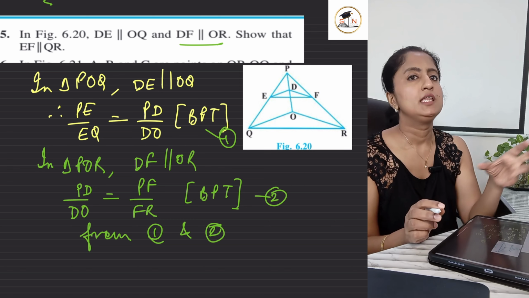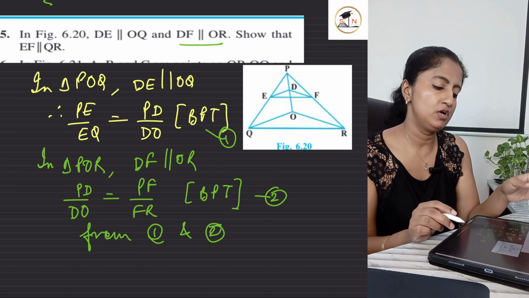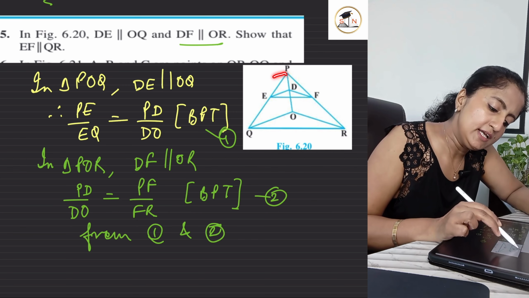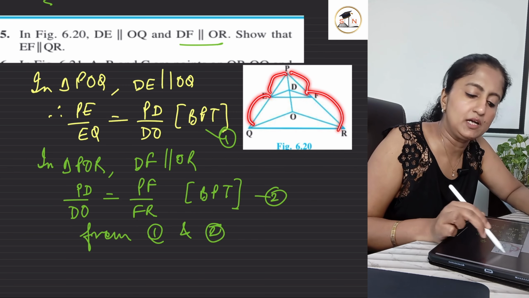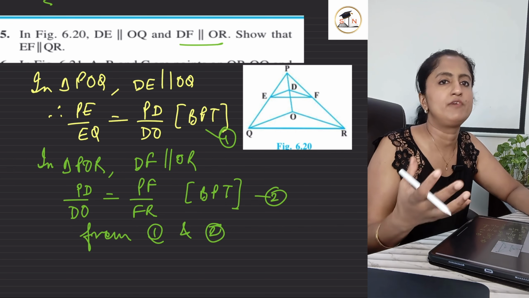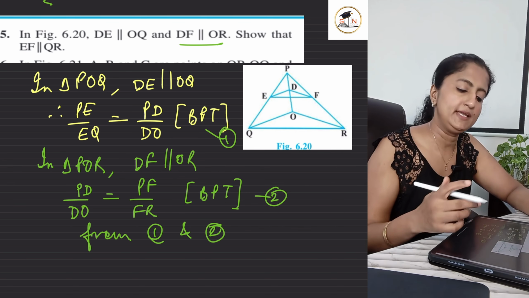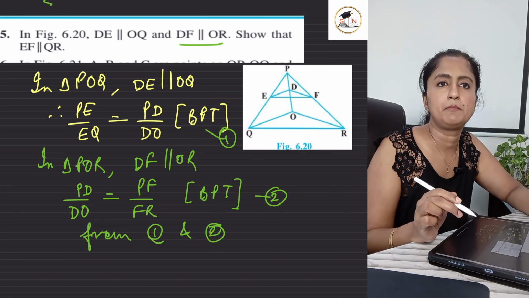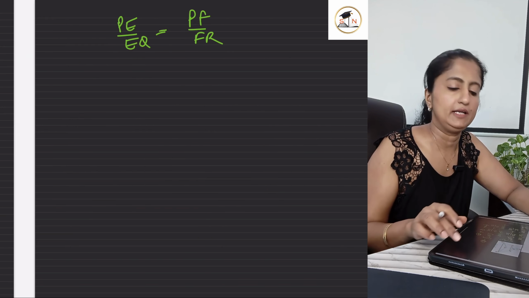And we can see these two portions actually belong to the bigger triangle PQR. We get the two line segments of the bigger triangle in ratio. When we have got the two sides of one triangle in ratio, the line joining those two points is supposed to be parallel because of converse of BPT, right?